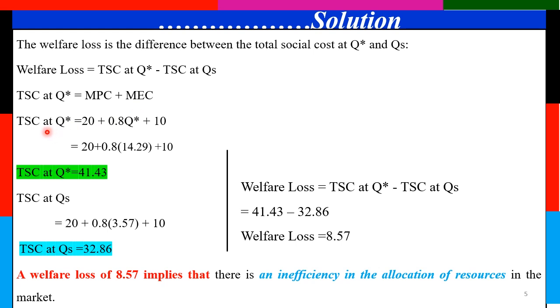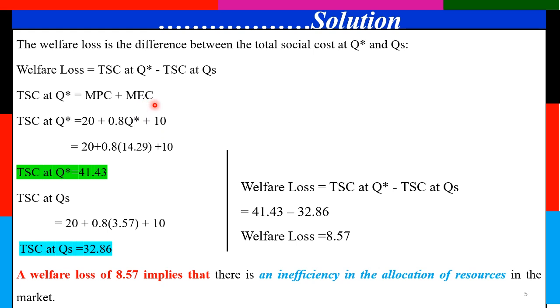So total social cost at the market equilibrium or at profit maximizing level is here. This is the revenue function. Then plus 10 is already what?